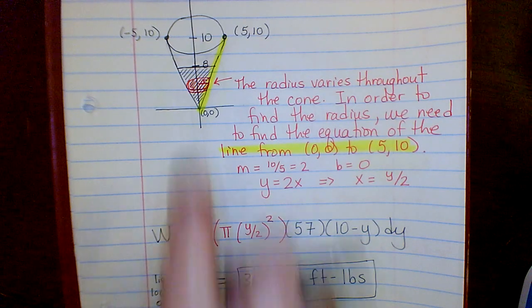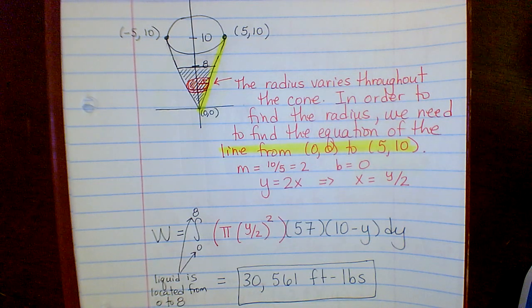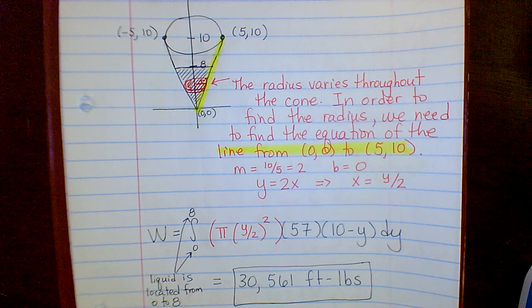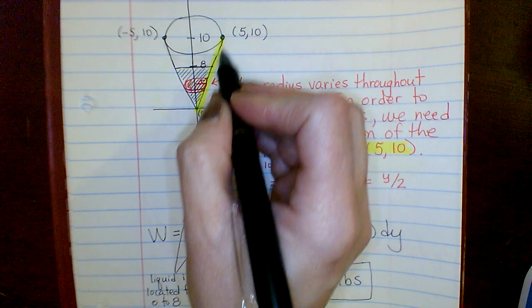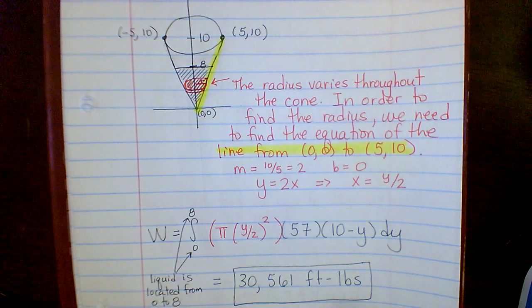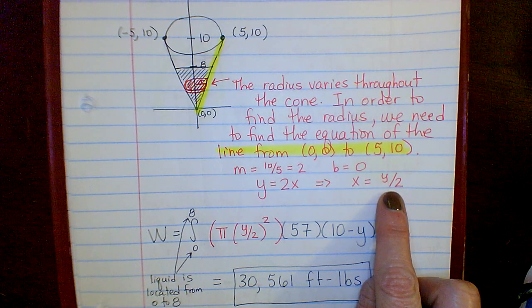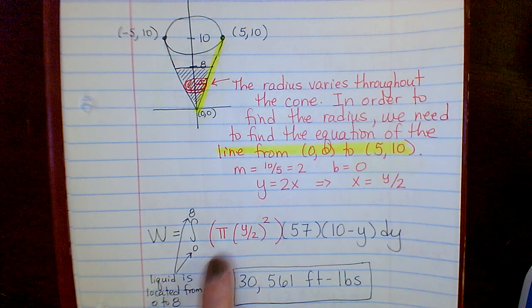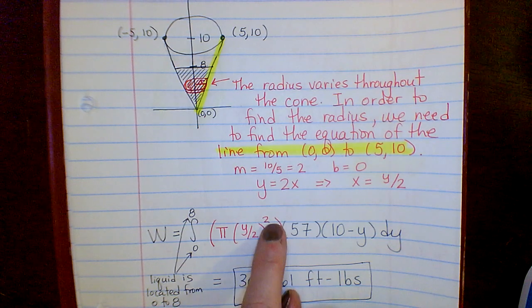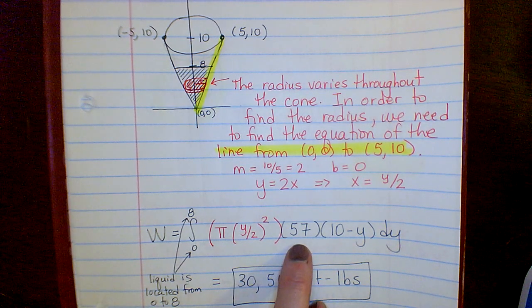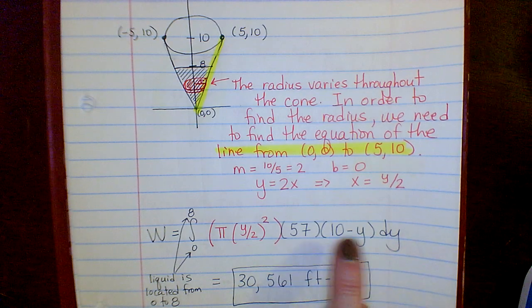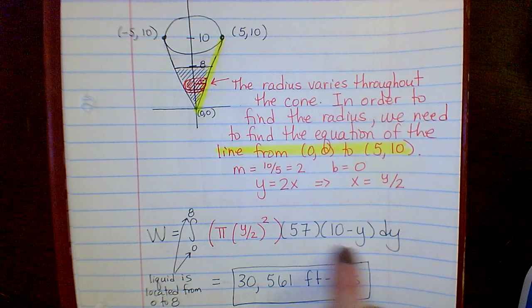My slabs are circles, like they were in the last example, so I'm still going to need pi r squared. My r is following this line, which we found to be this equation, y over 2. So we have pi r squared, and then the weight density of the olive oil, and then the distance that it has to travel.